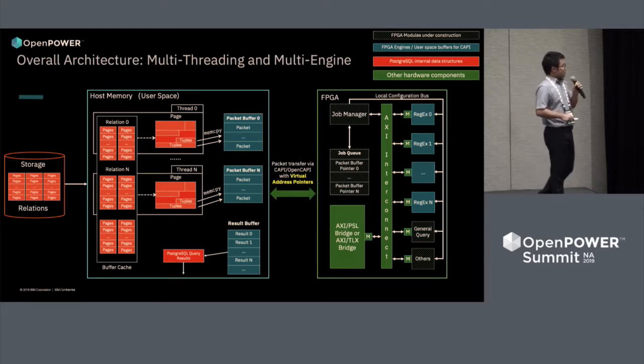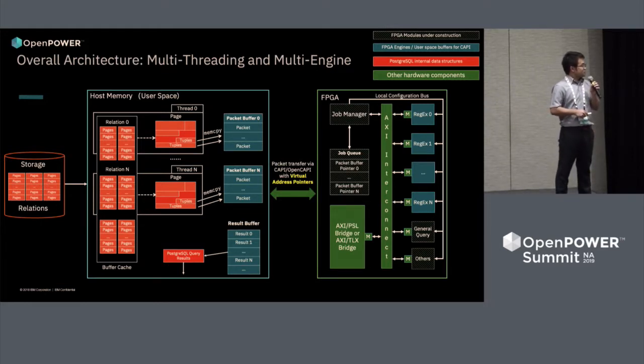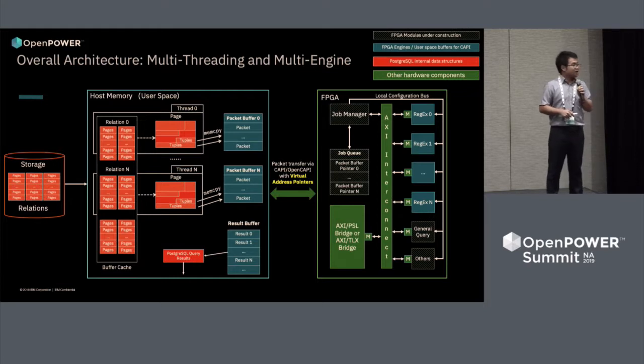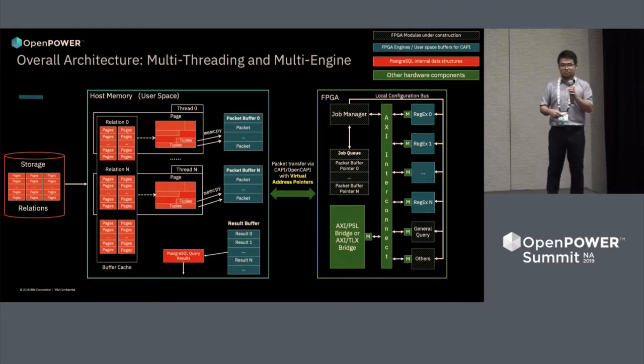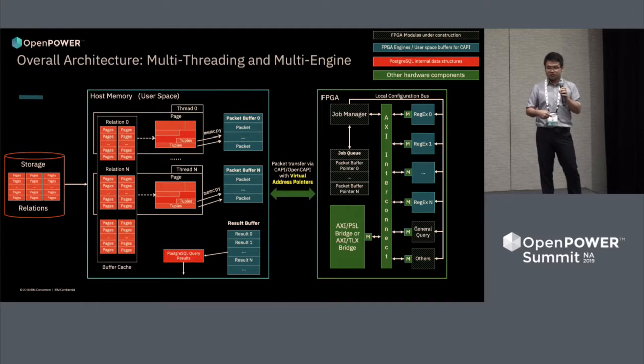And then on the hardware, this structure allows not only the regular expression engines, but also other types of engines like a general query engine or any other types such as hash join or aggregation. But those engines are still under construction.